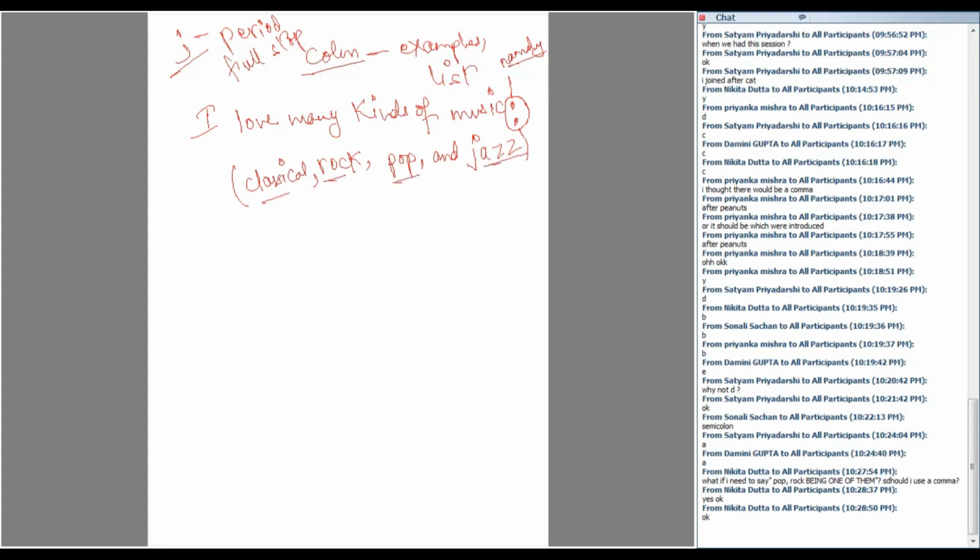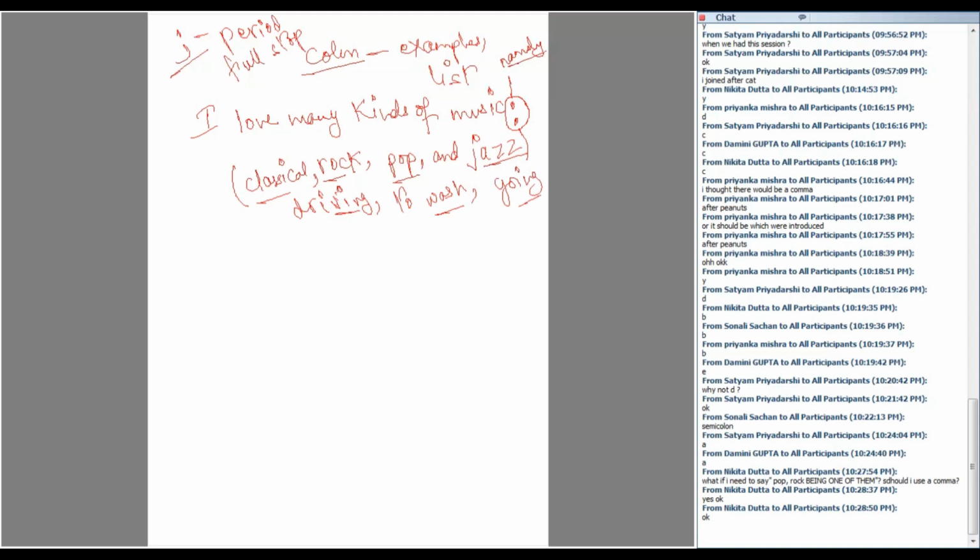Remember, all these things have to be parallel. You cannot say driving, to wash, going. No, this list will have to be parallel. All of them have to be in the same form.